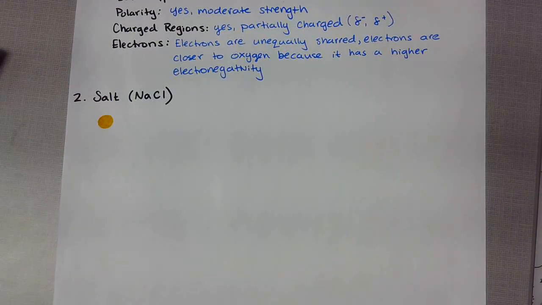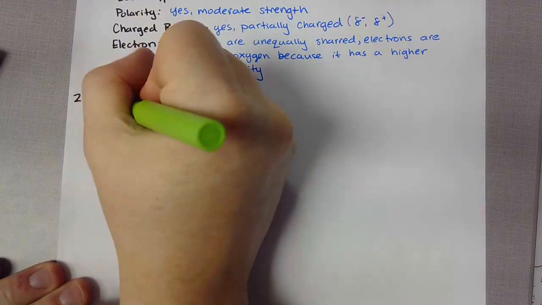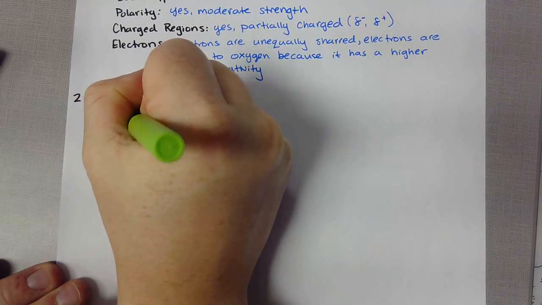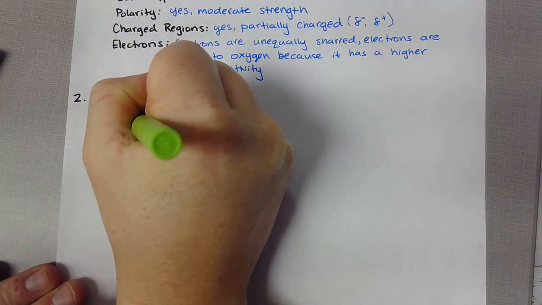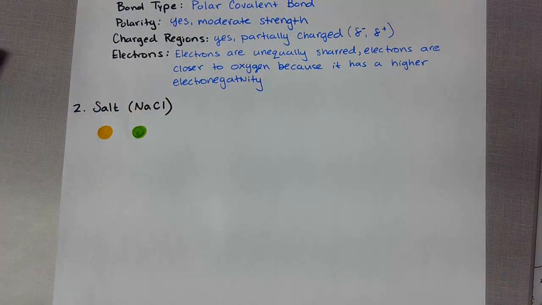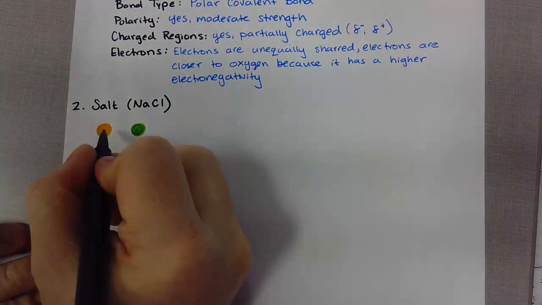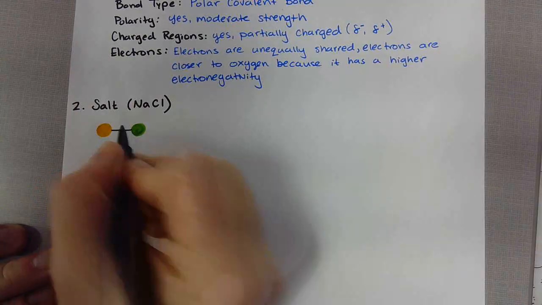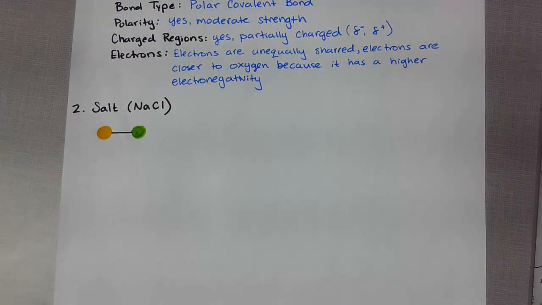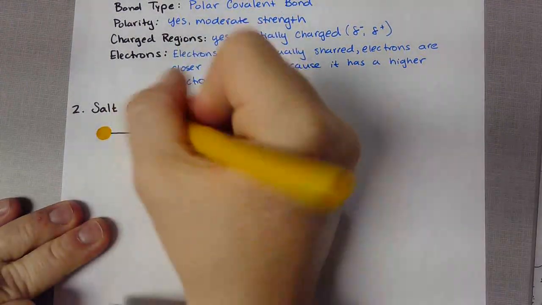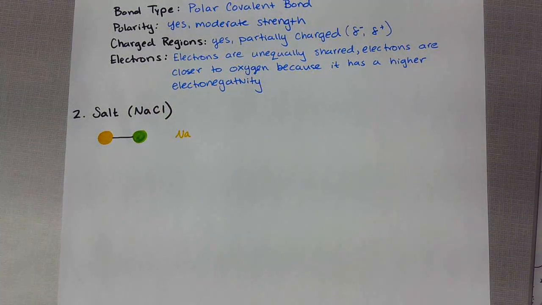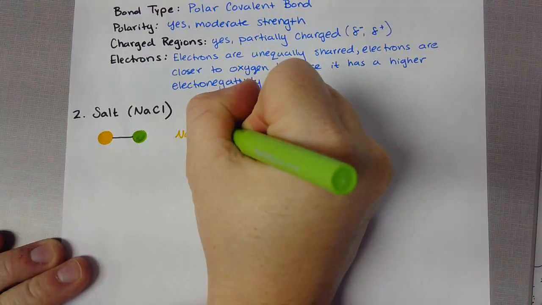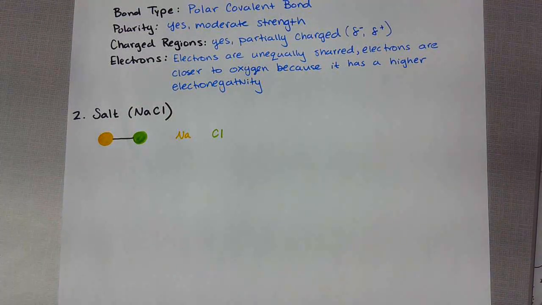Chlorine represented by the color green. Bond in the middle. Sodium yellow, chlorine green, bond in the middle.